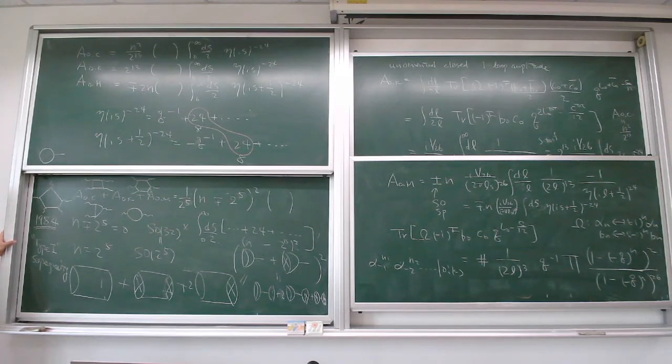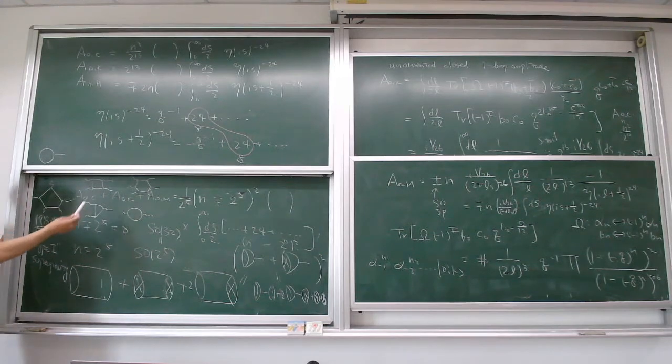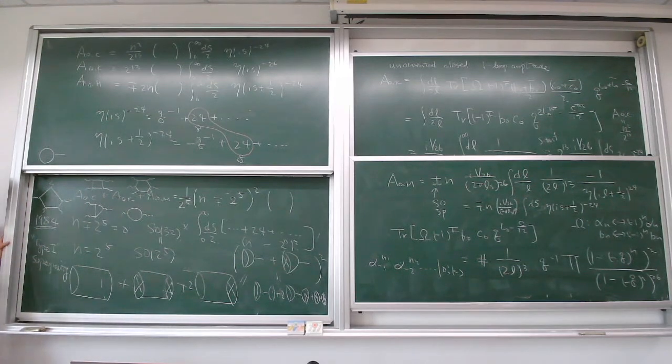So you need to compute this kind of loop diagram to compute the anomaly. Witten and Alvarez-Gaumé pointed out type 1 has an anomaly, but Green-Schwarz actually found the anomaly cancellation mechanism when the gauge group is SO(32) and E8 cross E8.